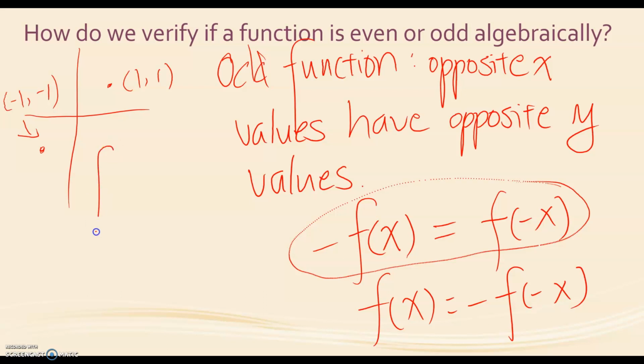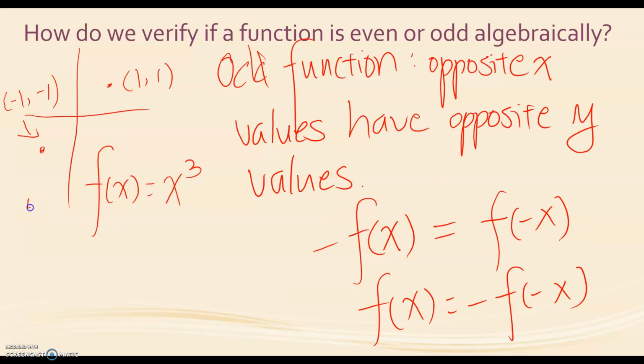So take, for example, this graph that goes through these points. y equals x to the third. We actually know that to be an odd function. So in this particular section, if I want to prove this is an odd function, I have to first find what negative f of x is. Well, that's negative x cubed. Okay.